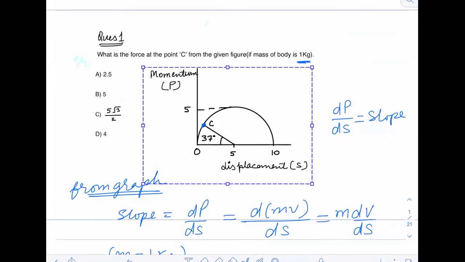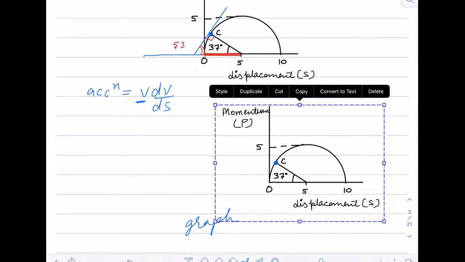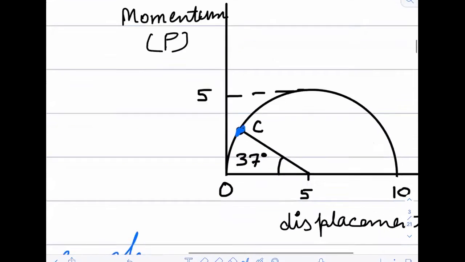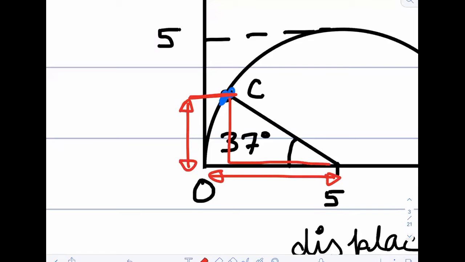For velocity, what are we going to do? At C point, if you just see the C point here, this height is momentum, and this is displacement. Now, if I draw a triangle like this, the triangle that I'm drawing in red, can you find out this height h?